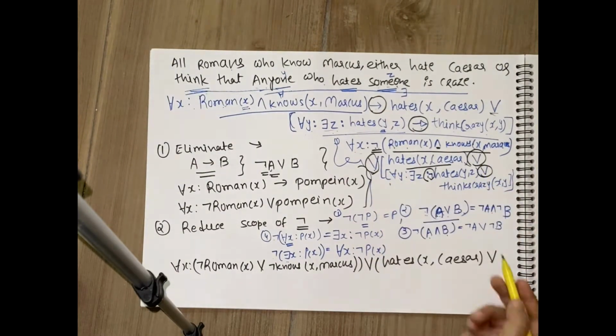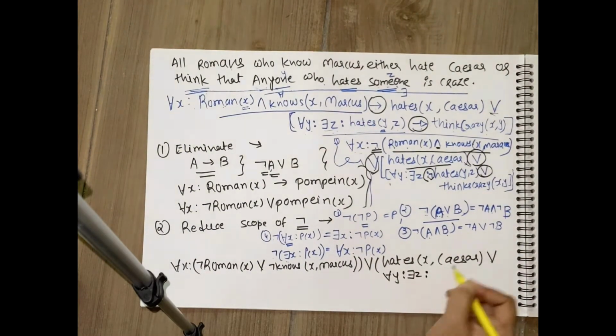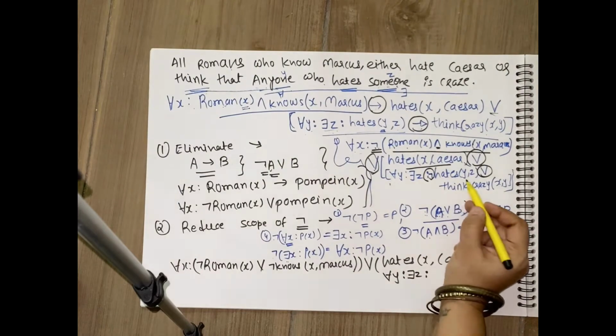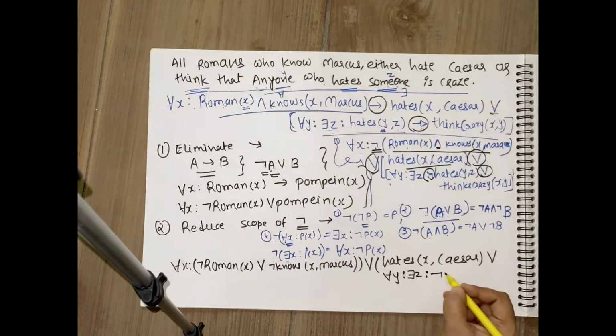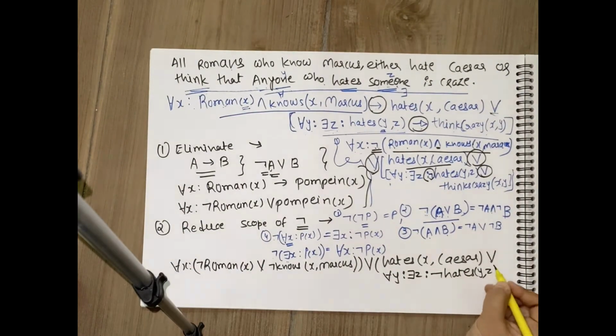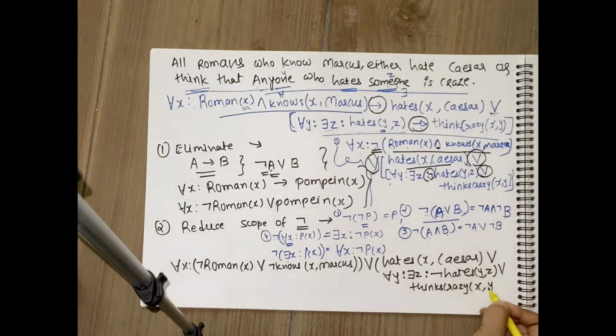What next we have over here? For all y there exists z such that, see here negation is already applied to the base term only, so nothing needs to be changed. So negation and hates y comma z or thinks crazy x comma y. Simple.